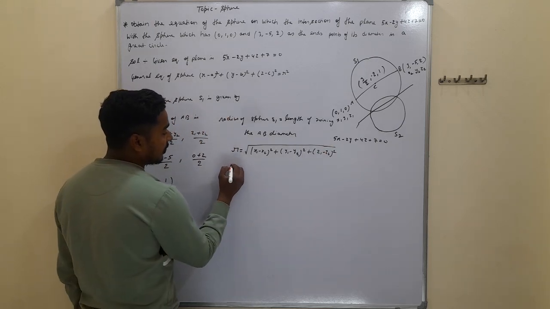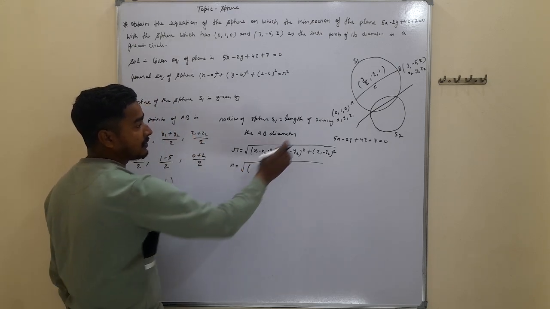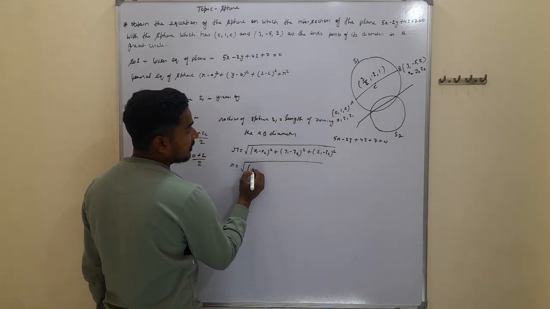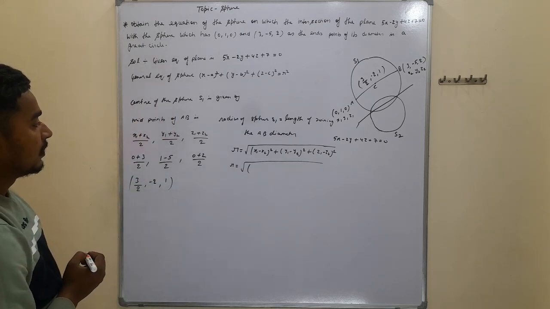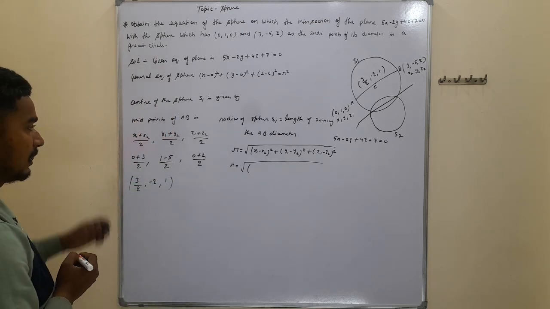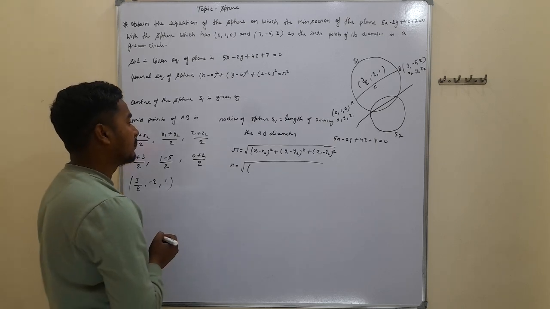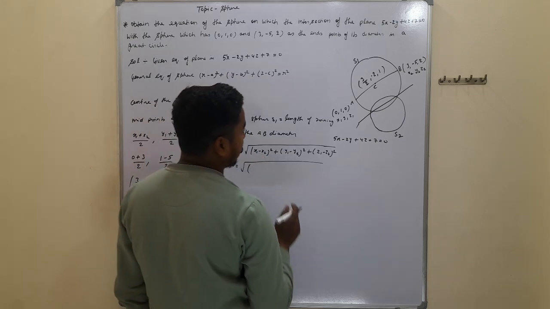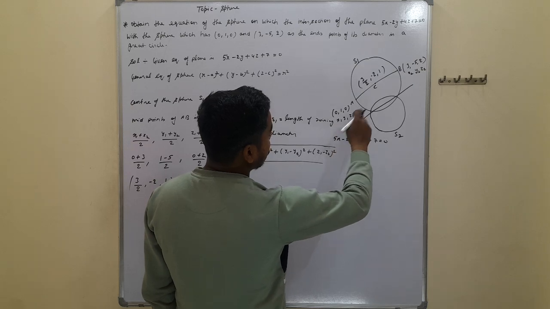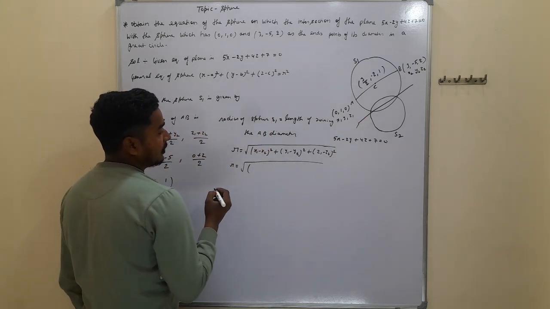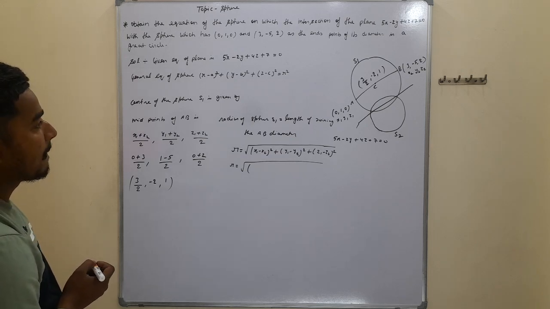This is the length of the diameter, where x1 minus x2 is 0 minus 3.